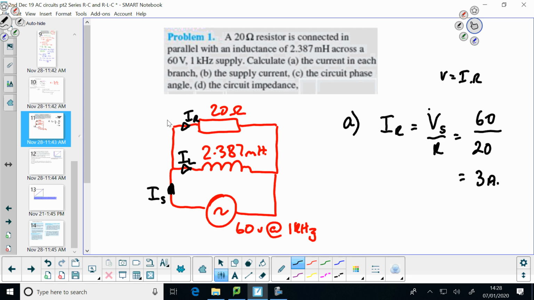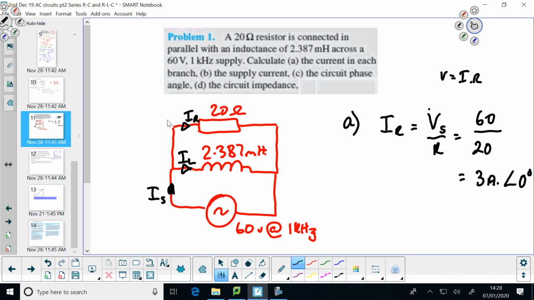For completeness, the angle here is 0 degrees because that's a resistor. So that's nice and easy.